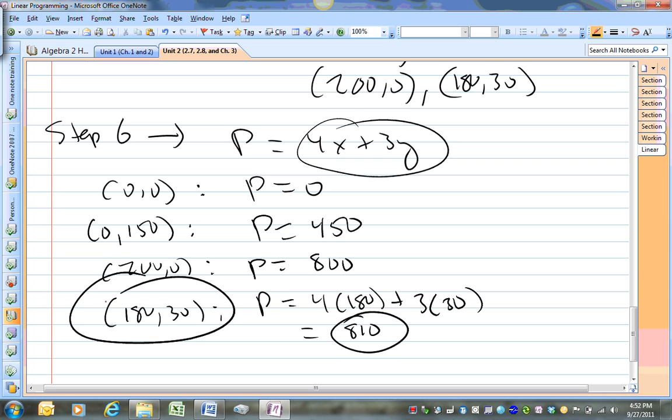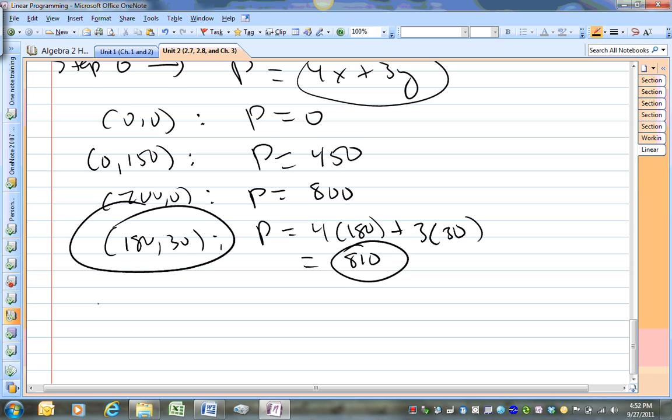So bingo. We now found the combination of stir fry and skewers that maximizes our profit. So profit of 810 bucks.